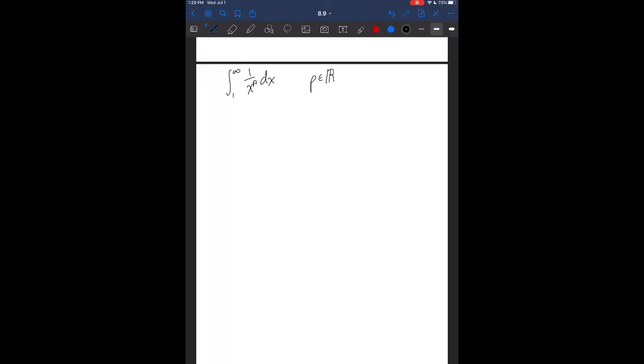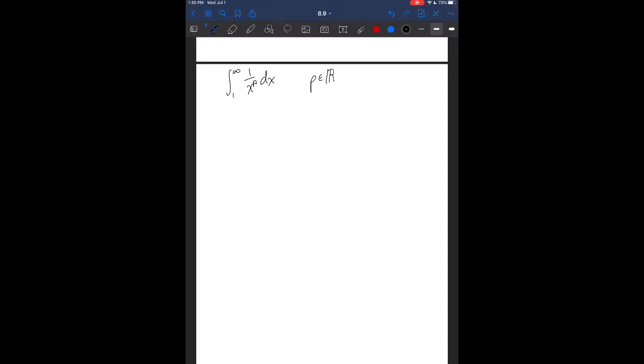So p could be 14, p could be negative 3, anything we'd like for p. And the reason we are looking at this integral in particular is it's going to come up in the next chapter, where we use these improper integrals again.